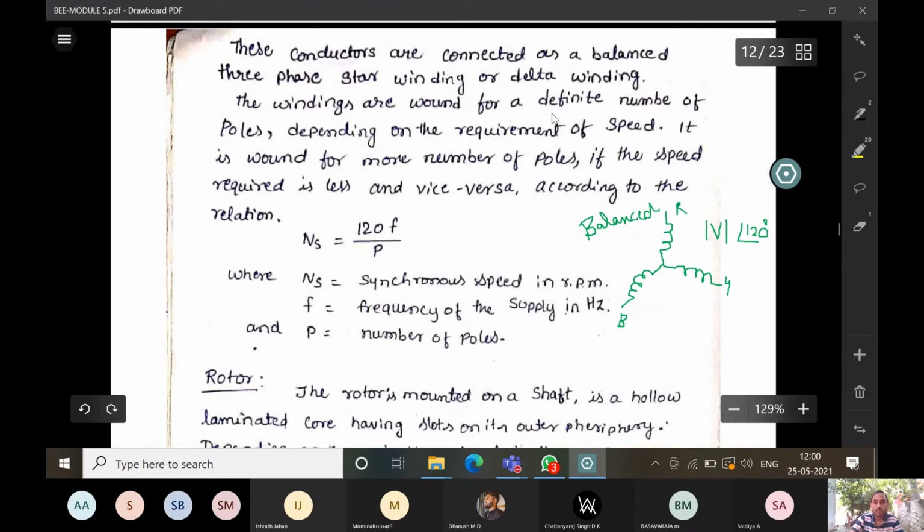The winding is wound for a definite number of poles depending upon the requirement of speed. It is wound for more poles if the required speed is less, and vice versa. If the number of poles increases, speed decreases according to the relation Ns = 120f/P, where Ns is the synchronous speed in rpm, f is the frequency of the supply in hertz, and P is the number of poles.